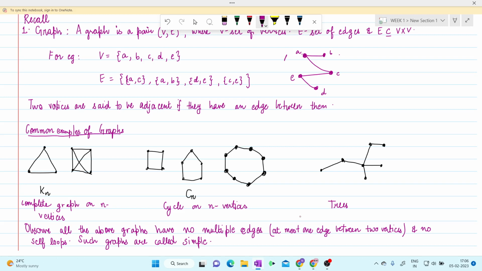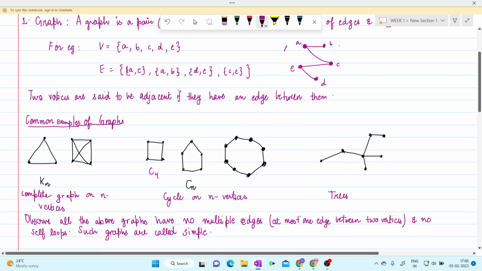Another common example of graphs are cycles, which you can imagine pictorially. So if this is C4, it is basically a cycle on four vertices. Another common example is trees. Trees are graphs in which we don't have any cycles.